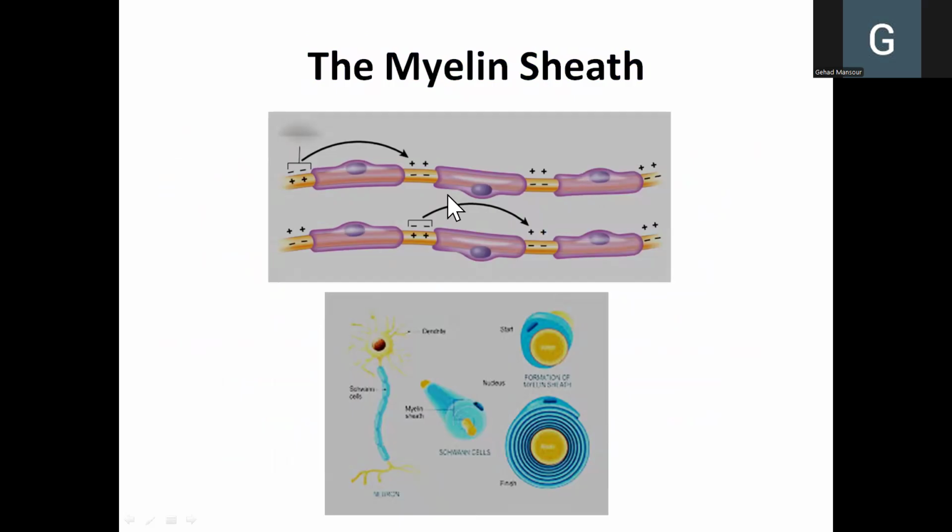The main idea is that the myelin sheath is deposited in the form of interrupted segments. So in between the segments, we have non-myelinated parts. So I might ask you to label the non-myelinated parts. So here, the yellow parts are the non-myelinated parts, and you can see that the electrons move from one node of Ranvier to the other.